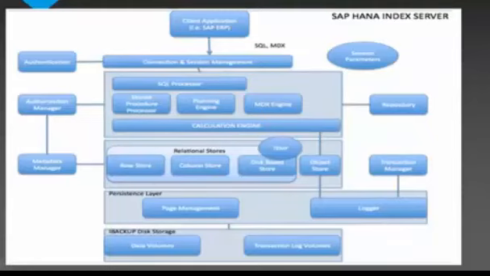We have the authorization manager also. This authorization manager is invoked by other SAP HANA database components to check the required privileges for users to execute the requested operations. Privileges to other users or roles can be granted based on that.